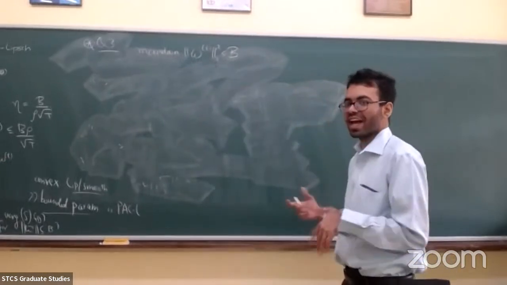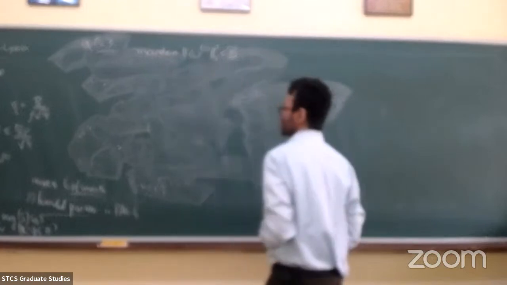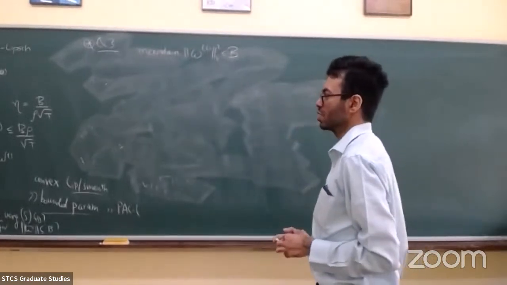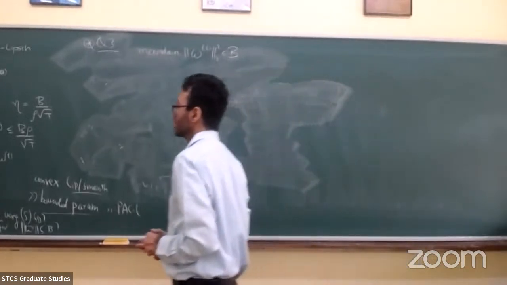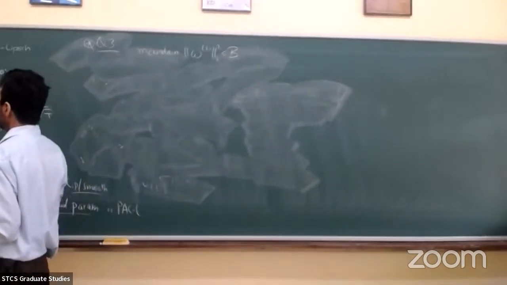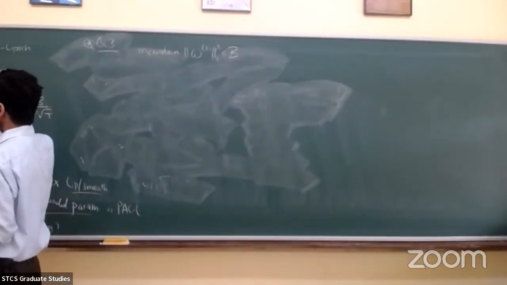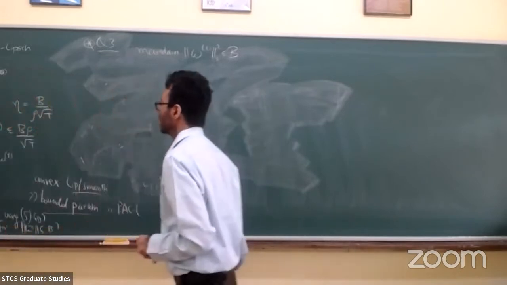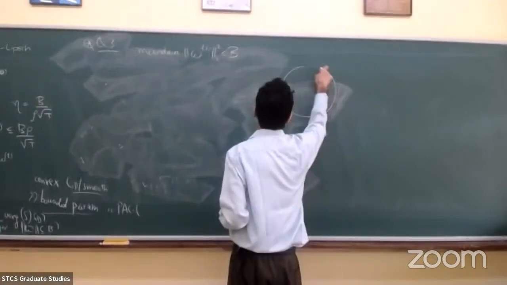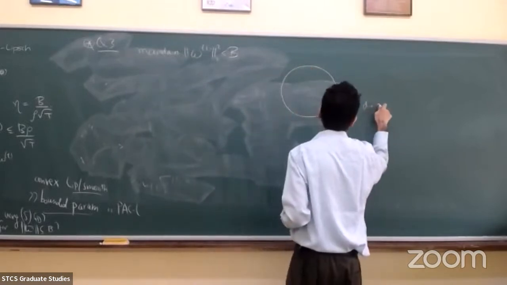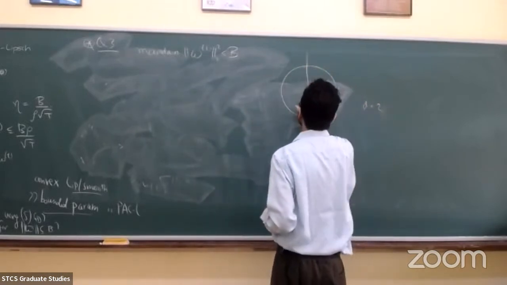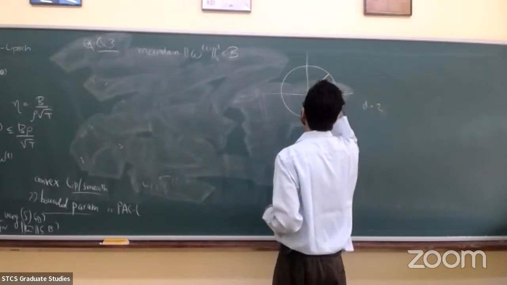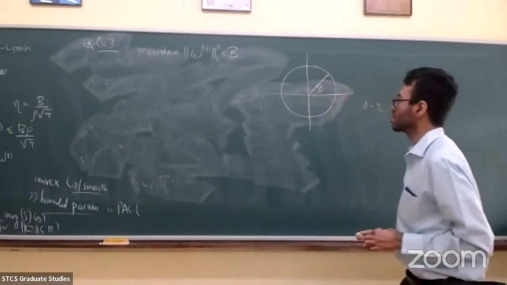Now I will modify the algorithm so that this happens. Consider the ball centered at the origin of radius B, in R^d.